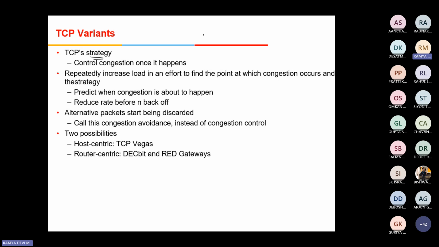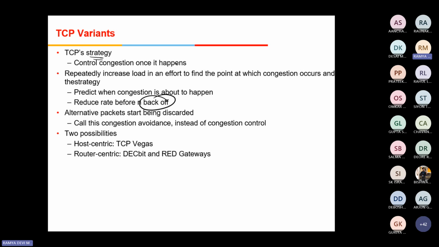Packet loss or three duplicate acknowledgements indicate congestion. TCP will then reduce the sending rate and go into a back off phase. This reactive method works very well, but it leads to packet drops before any action is taken, so definitely it will waste bandwidth.